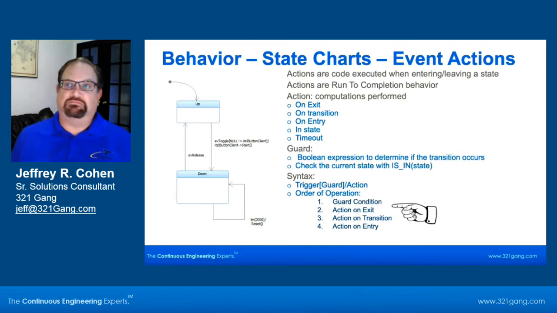Let's add a little mess to that. If I've got nested states, which we'll talk about in the next couple of pages, the order of action on exit starts from the inside out, and on entry goes from the outside in.